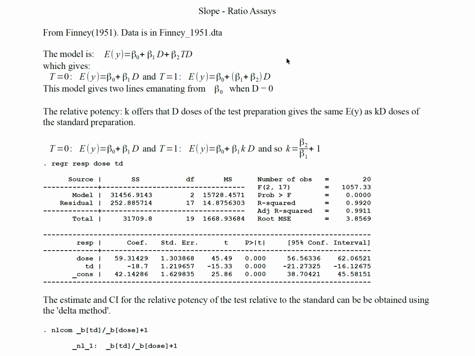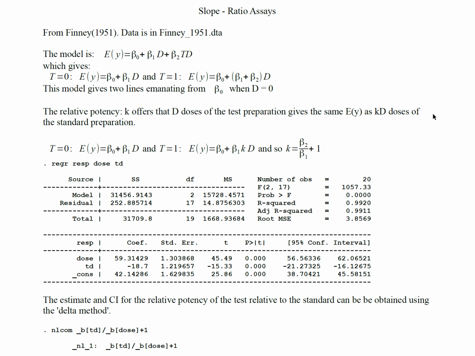So for example, if K is greater than 1, that's saying the test preparation is more potent than the standard preparation. And if K is less than 1, it's saying the test preparation is less potent. There's a relationship between the regression coefficients that we would get from our model and this crucial issue, that is the relative potency here.